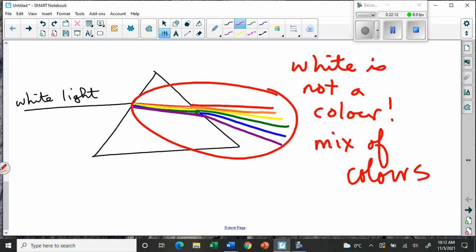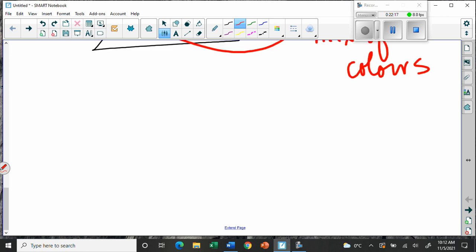So now, here's an interesting thing. If white light is a mixture of colors, then that maybe explains how when we sit in a room like this and we look around, it's pretty much white light that comes out of the light bulbs or the sun. But the light that bounces back to our eyes off of things, sometimes I see red light, but no green, or I see blue, I see the colors.